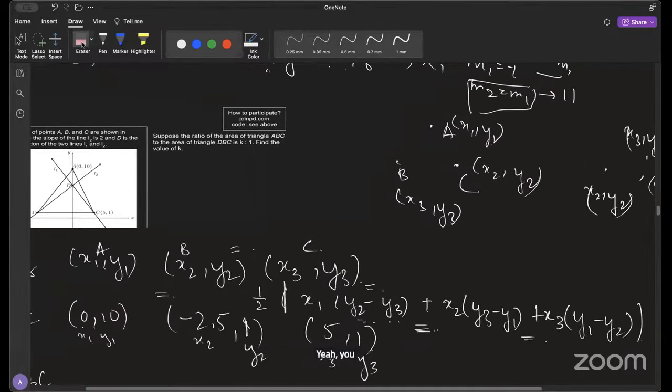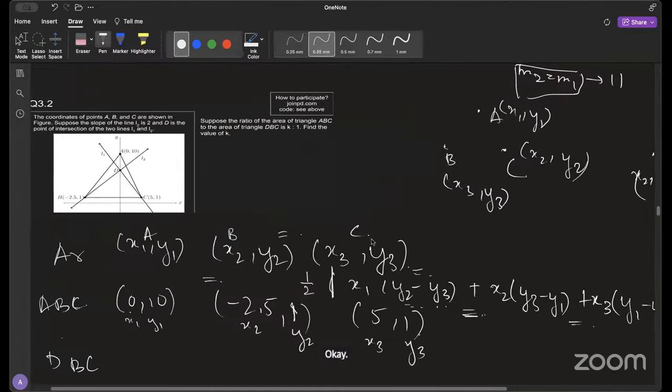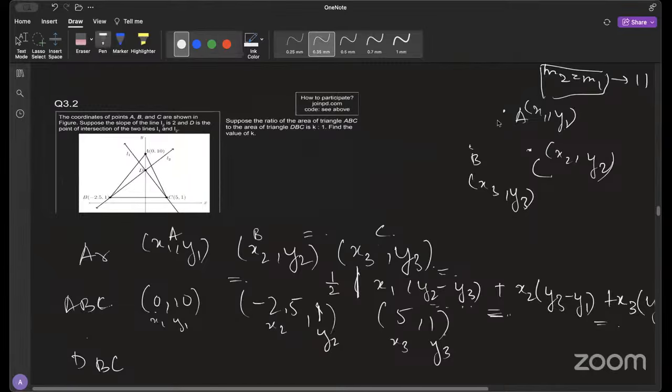Yeah, you can take that as x3 y3. There are only 3 points, so you can take any one to be anything. You can take this one to be the first one, this one to be the second one, this one to be the third one. That's fine. Just when it's 4 points, you need to be worried about the order. Otherwise, this one's fine. Here, you don't have to be worried about that.